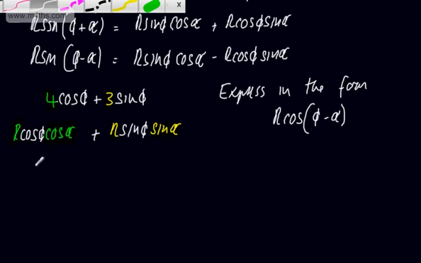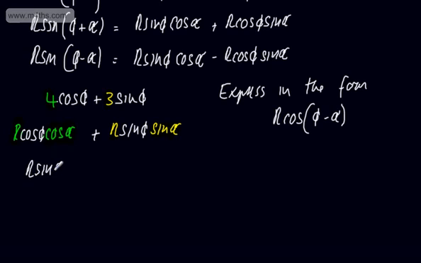So what we can say at this stage is r sine alpha will be equal to 3, and r cos alpha is equal to 4. The value of r gives us the scale factor stretch in the y direction.